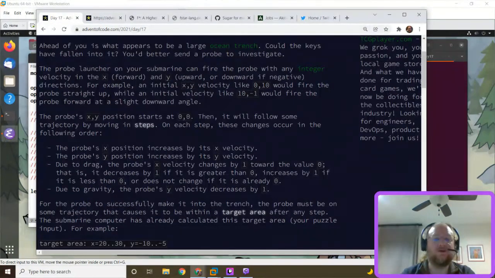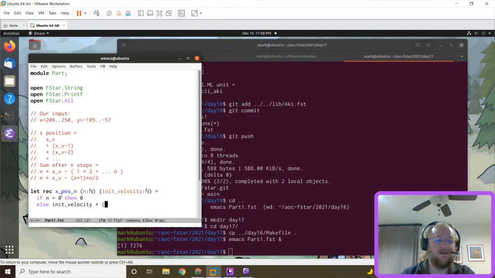Yeah, we increase the position and then we slow it.